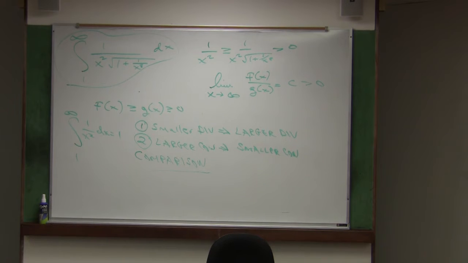Well, it depends what c is. c could be quite small, in which case g might be larger, but the ratio between them will be c.